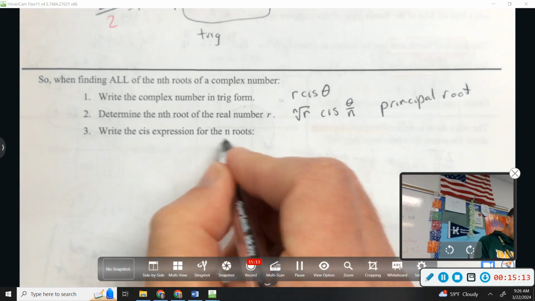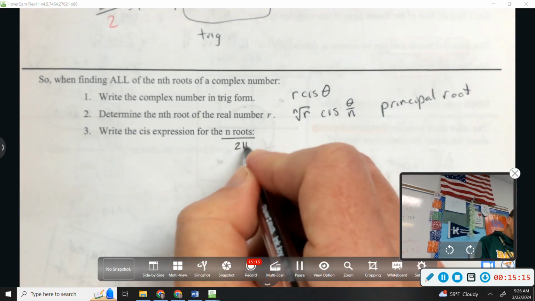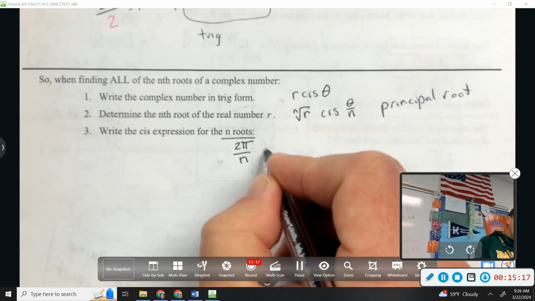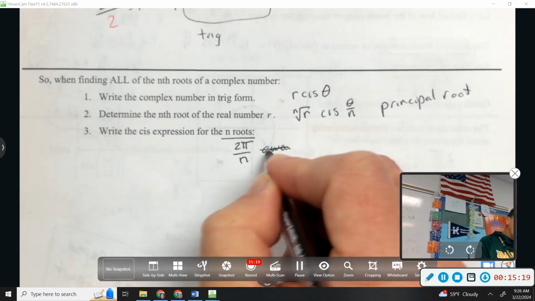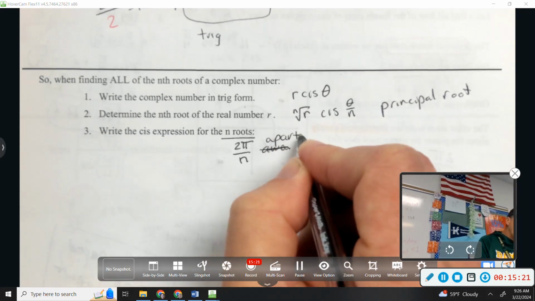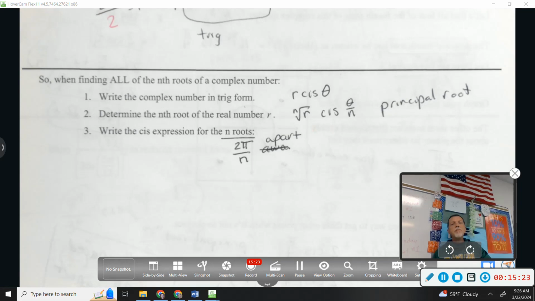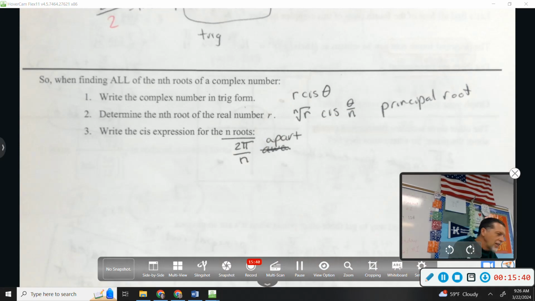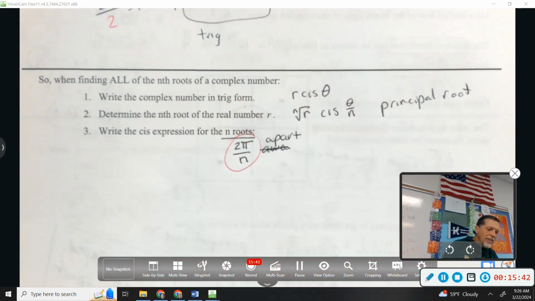And then the n roots are all 2 pi over n apart from each other. So you just keep adding 2 pi over n however many times you need to get however many roots you need. Again, this can lead to a formula, but I don't really want to worry about the formula. I think it's easier to just sort of build up. 2 pi over n is kind of the big deal, because that's how far apart they are.